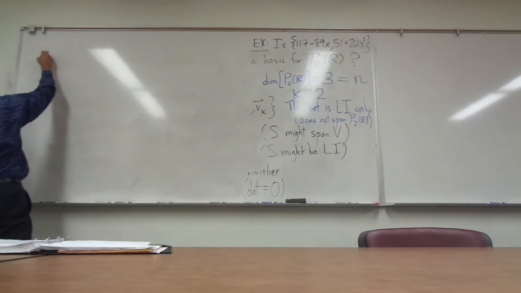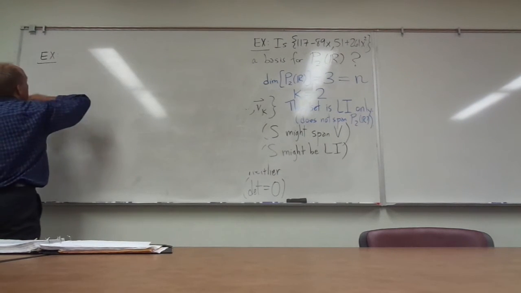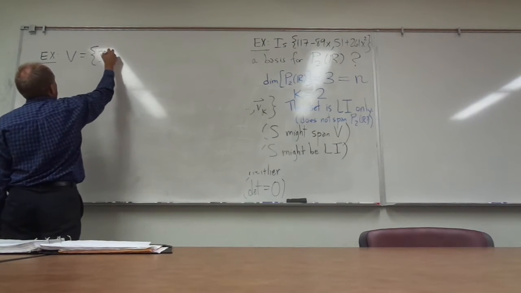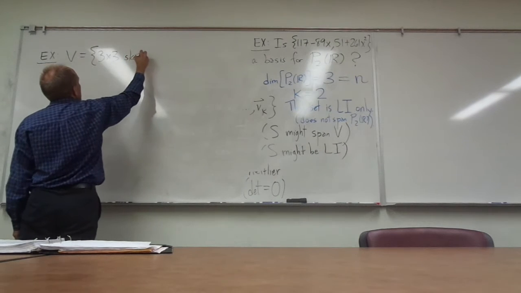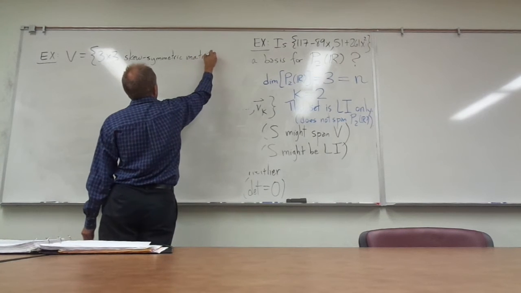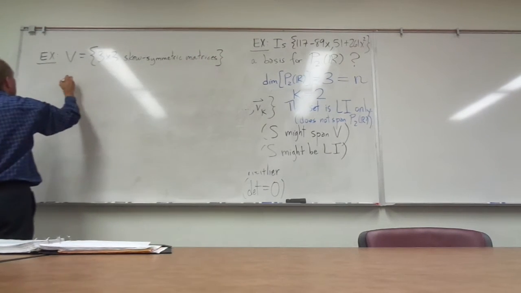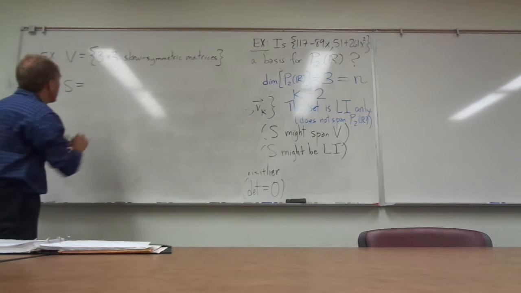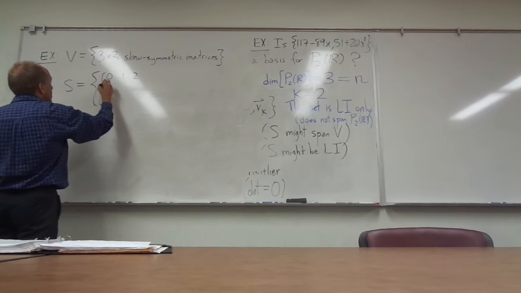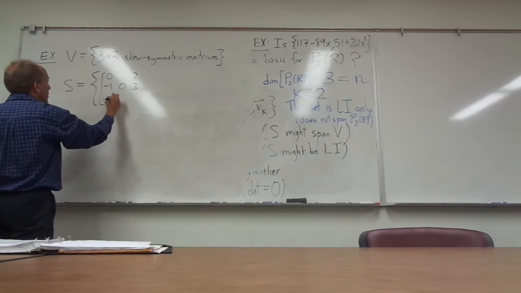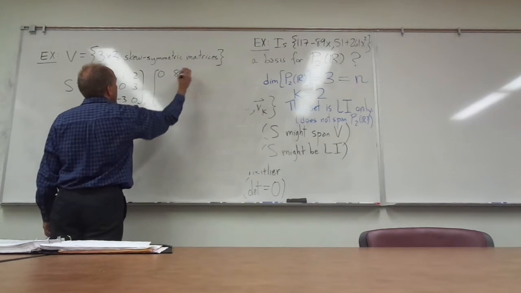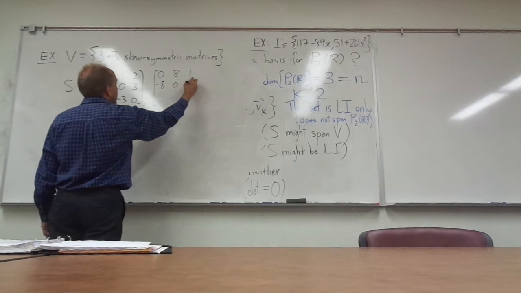So suppose I gave you, let's take V to be the set of 3 by 3 skew-symmetric matrices. And then let's take S to be a list of some 3 by 3 skew-symmetric matrices. Let me just do this. There's one. Let me make up another one. Something like this.